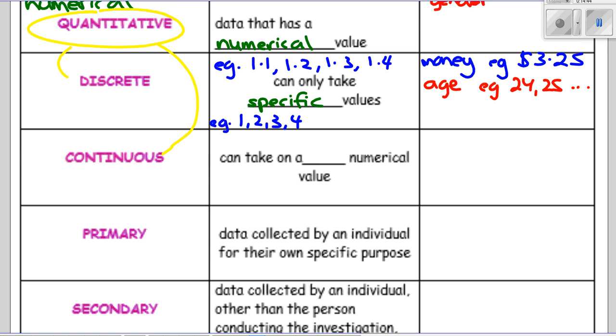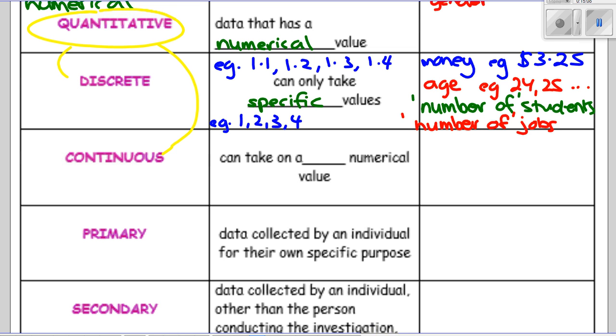Time is continuous. If you say the number of anything, the number of students, the number of jobs, then it's automatically discrete, because it means that you have to count it.